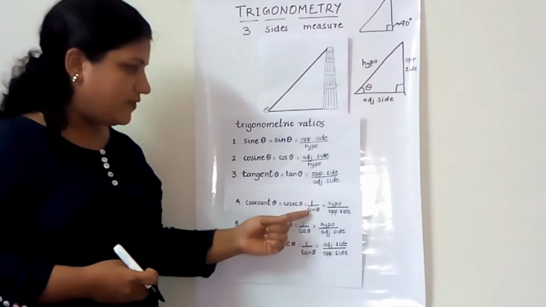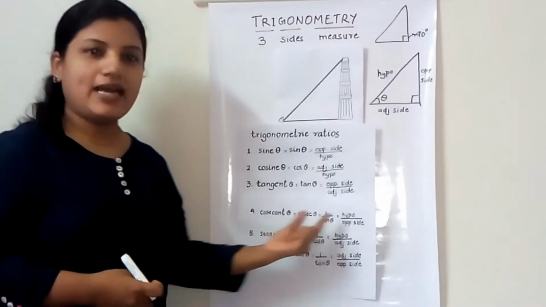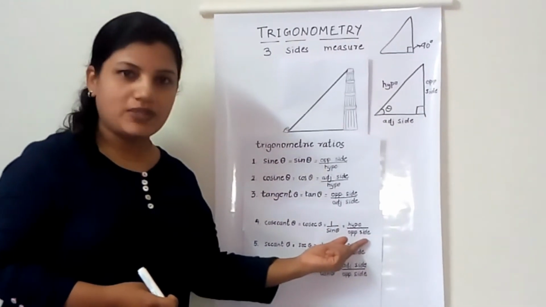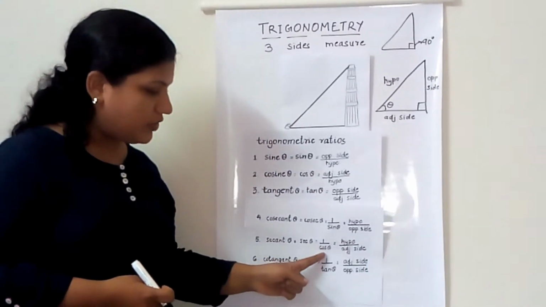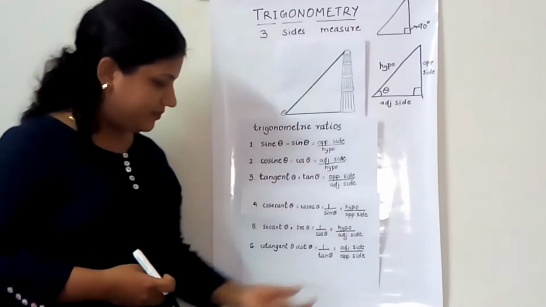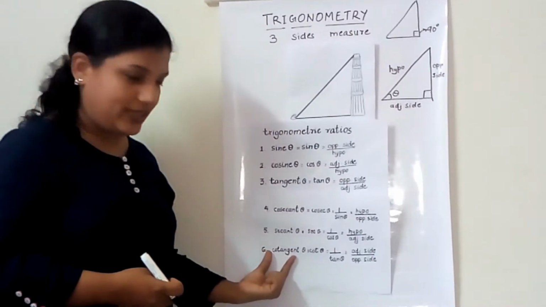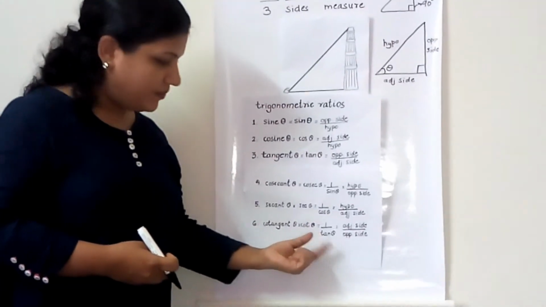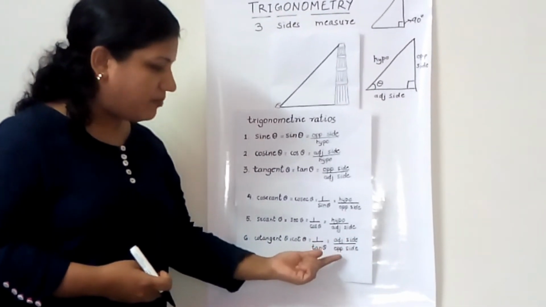So if sine theta was opposite side over hypotenuse, cosecant theta is hypotenuse by the opposite side. Secant theta, on the other hand, is the inverse of cos theta. So that will be hypotenuse by the adjacent side. And finally, the cotangent theta, which is cot theta, is 1 by tan theta, and that is adjacent side by the opposite side.